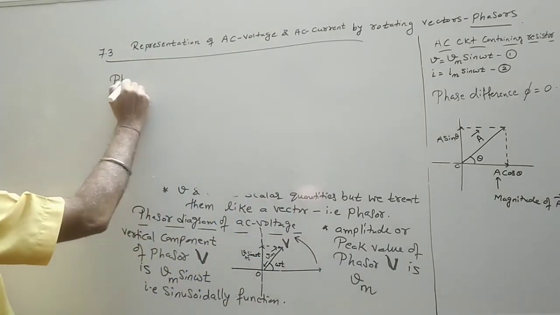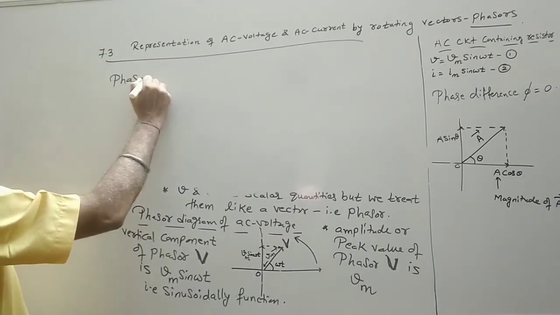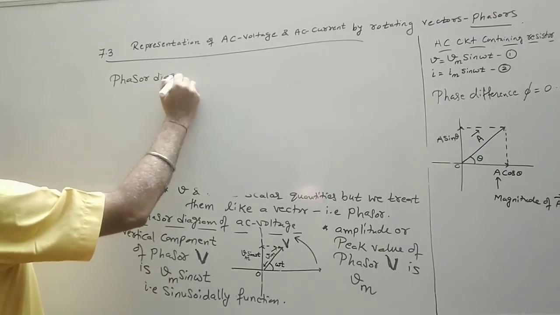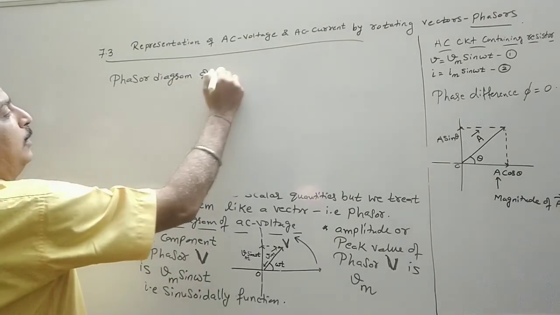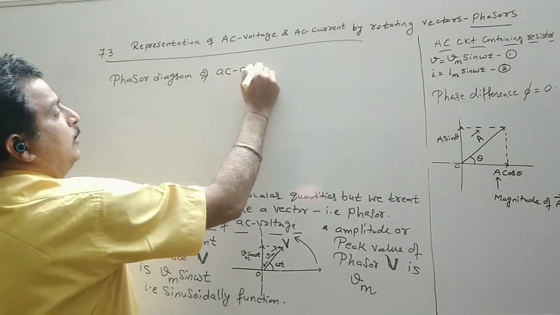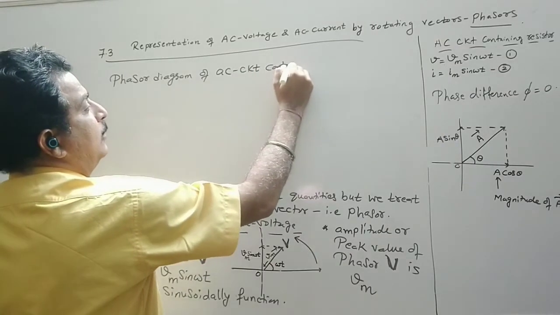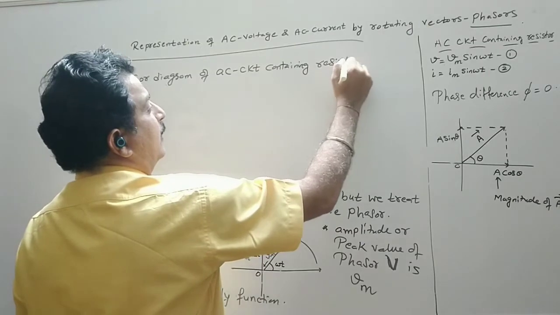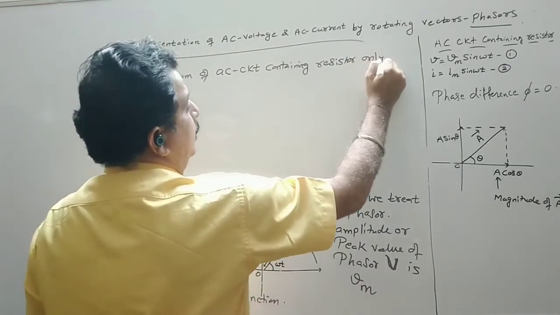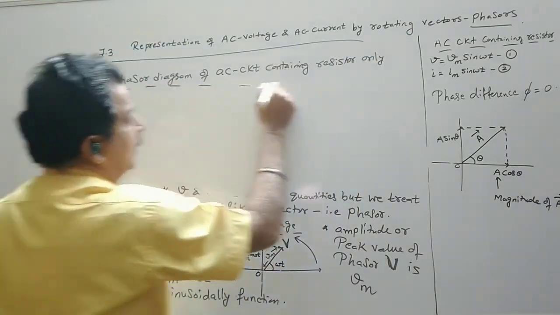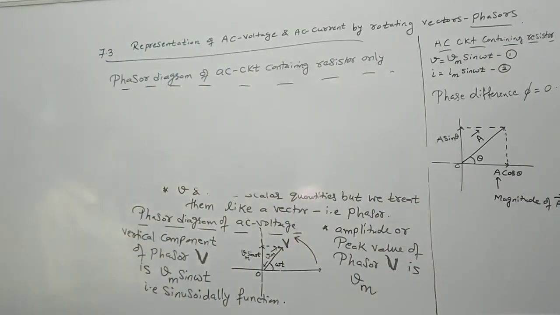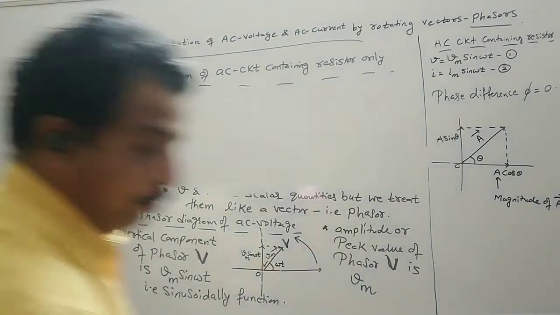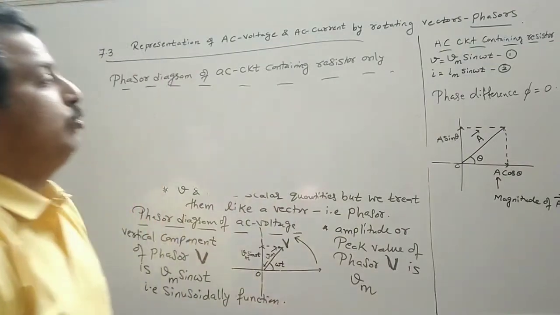So let us see the phasor diagram of an AC circuit containing resistor only. Now this phasor diagram can be easily drawn with the help of the equation which we have derived.